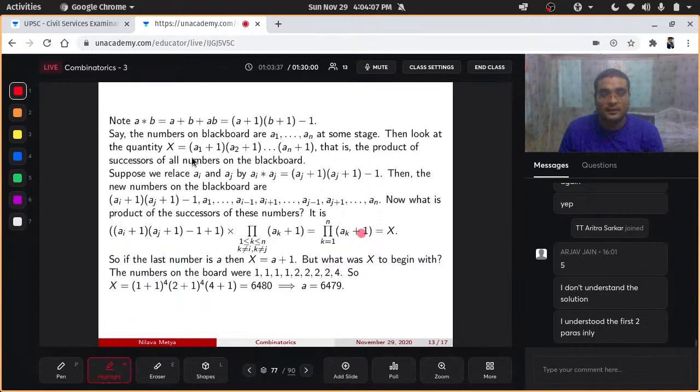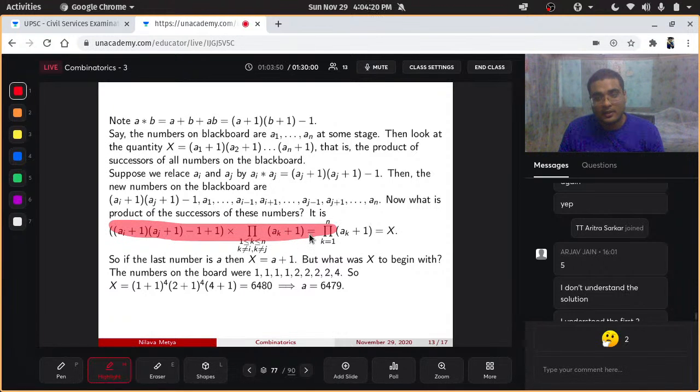The product of successors for the previous blackboard was this. The new blackboard has these numbers, and the product of successors for that is this expression, which if you simplify comes out to be the previous X only.